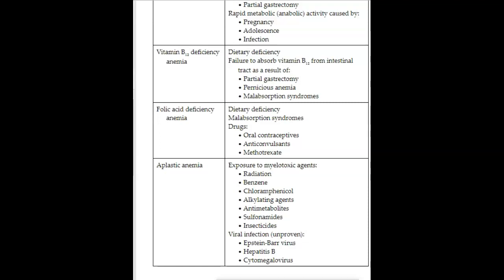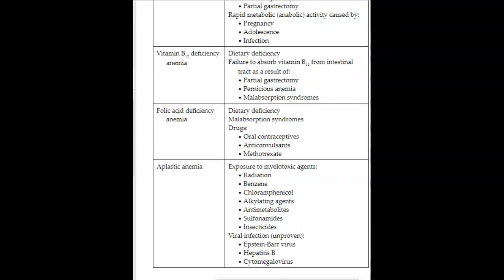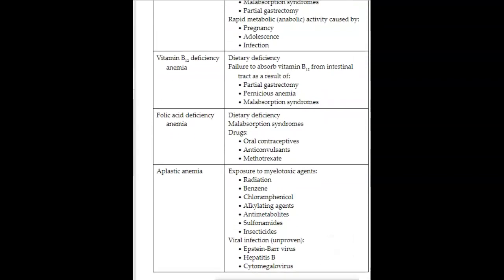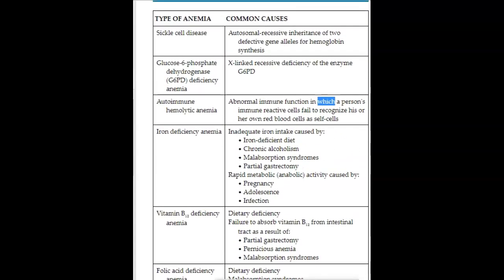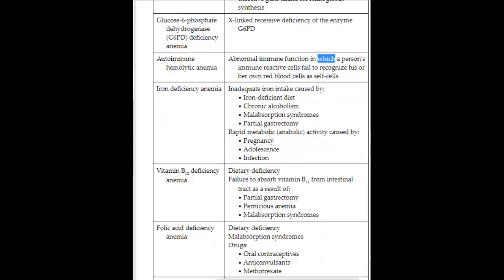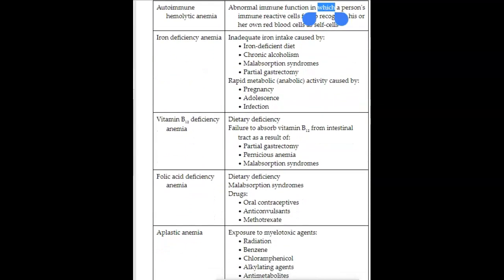We do also have the folic acid deficiency anemia and also the aplastic anemia. Okay, so right over to the left side, you can read that in your book and look for the common causes of these different types of anemia.